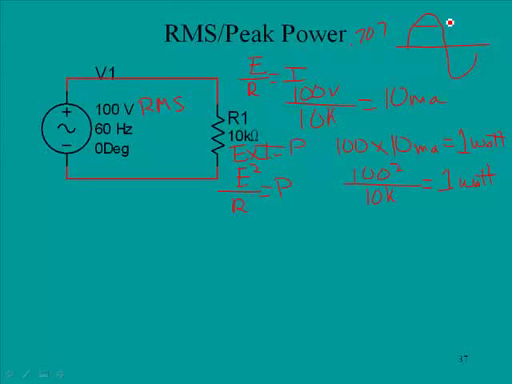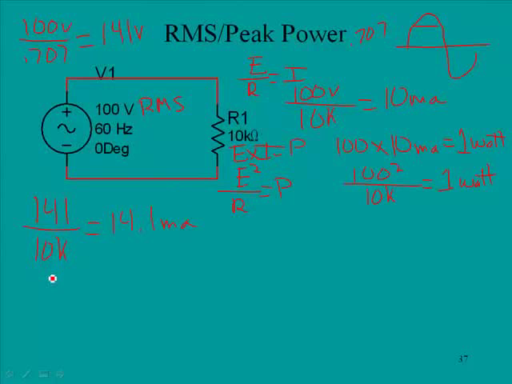Okay, so let's consider what the power would be if we were evaluating this in peak. First of all, we need to convert this to a peak value, so we would say 100 volts divided by 0.707, and that would yield 141 volts. So we're starting with a higher value, and so we're going to have higher voltage or current drops. Again 141 volts divided by 10 k ohms, and we're going to have 14.1 milliamps of current instead of the 10 milliamps we had over here.